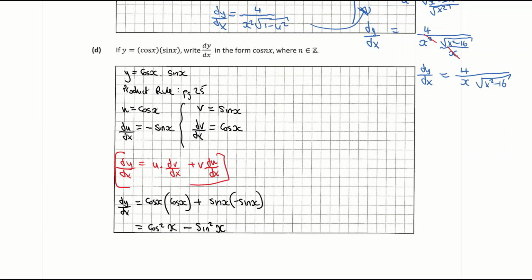And you can hopefully notice here, from page 14 in the log tables, it tells us cos squared a minus sin squared a is the same as cos 2a, or cos 2x. So therefore, dy/dx is equal to cos 2x. Again, that's coming from the log tables on page 14. And that's the end of question 6.